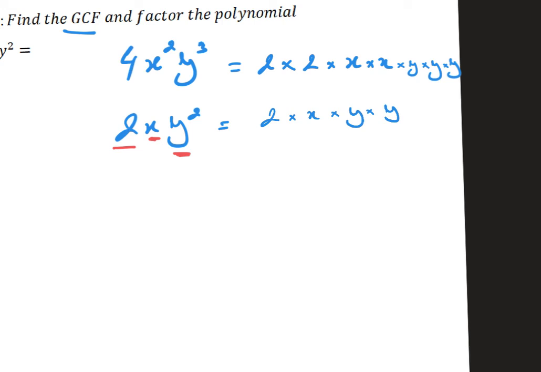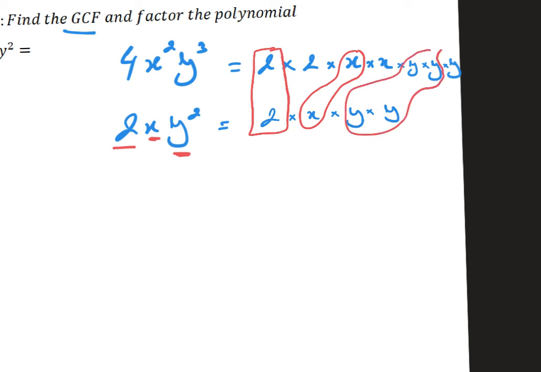We can see that 2 is shared between the two terms, and we have x here and also x here. And also we have 2 y's here and 2 y's here.